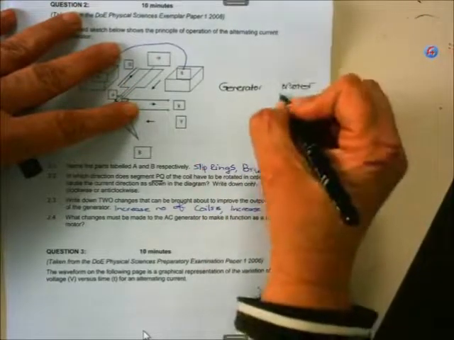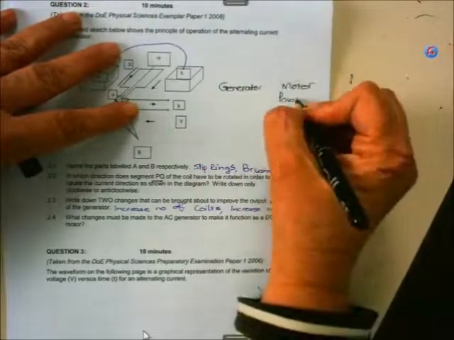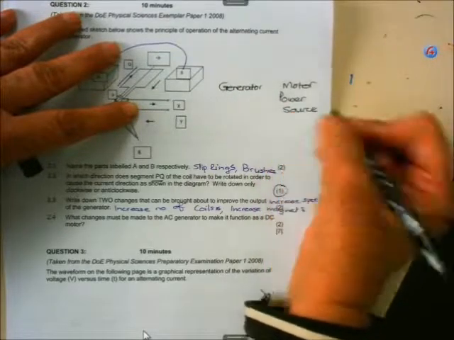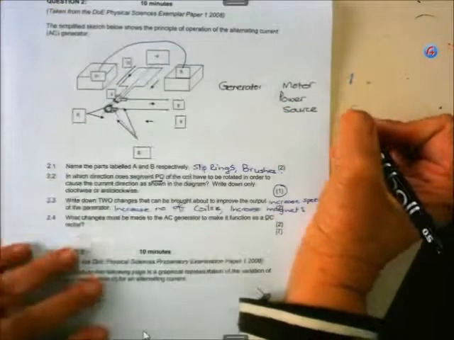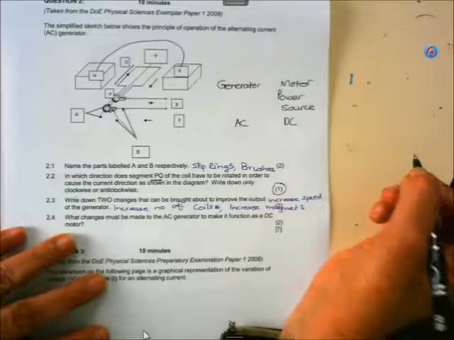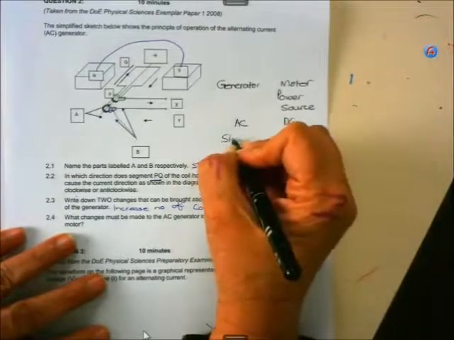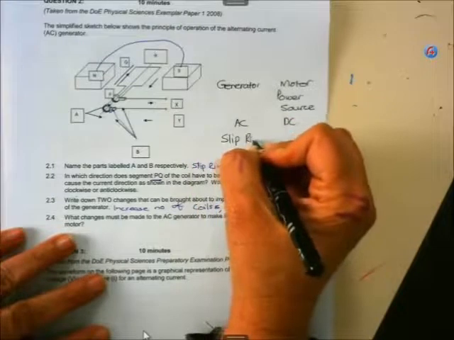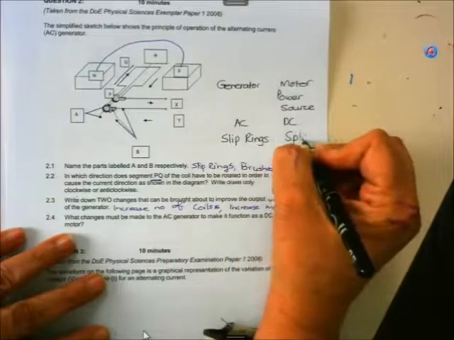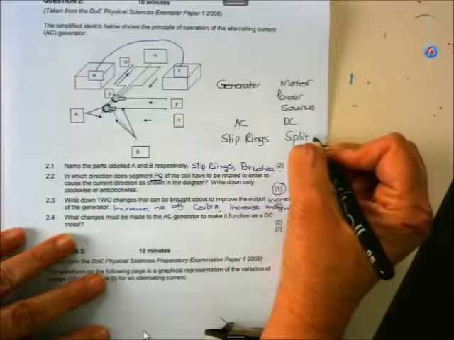So number one, we would need a power source or a power supply. And then we are going from AC to DC. And I'm sure you can remember, in AC we have slip rings, but in DC we have split rings.